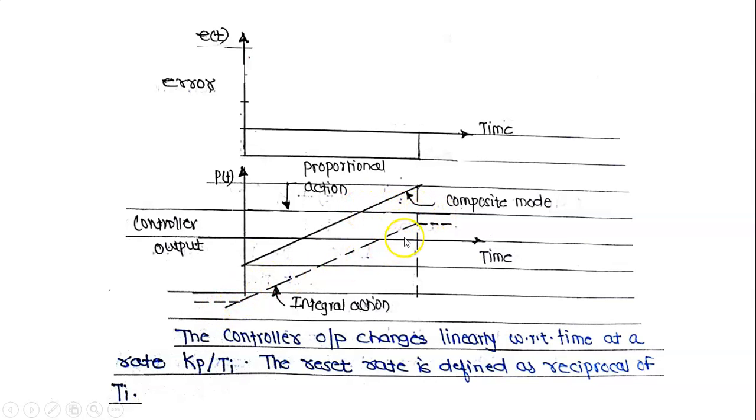This line is known as integral action, and in between these two lines this inclined line is there. This is known as composite mode. The controller output changes linearly with respect to time at a rate Kp divided by Ti. The reset rate is defined as the reciprocal of Ti.